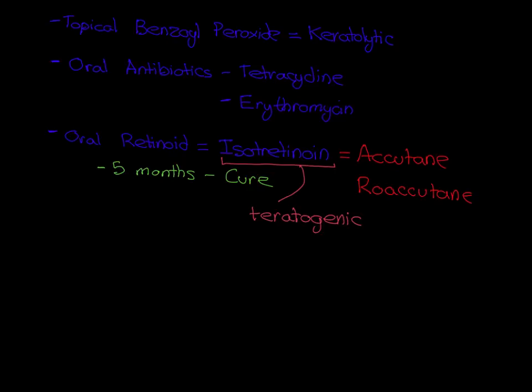So isotretinoin can have some very, very rare but very, very serious side effects. And in everyone who takes it, it will have the common side effects of drying out the skin and the lips and the eyes very severely. And it's also extremely teratogenic and must not be taken by anyone who is pregnant or is going to become pregnant. Okay, so that is the oral retinoid therapy, isotretinoin.